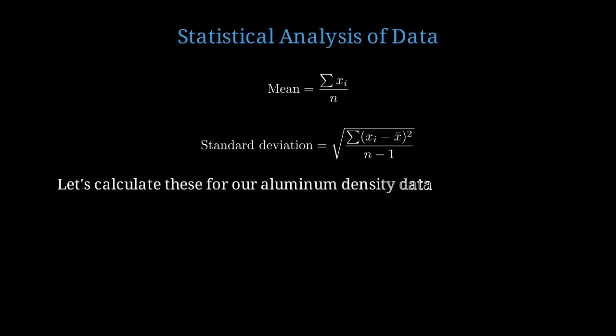Let's calculate these for our aluminum density data from earlier, excluding the outlier in trial 4. The mean density is 2.71 plus 2.72 plus 2.71 plus 2.70 divided by 4, which equals 2.71 grams per milliliter.